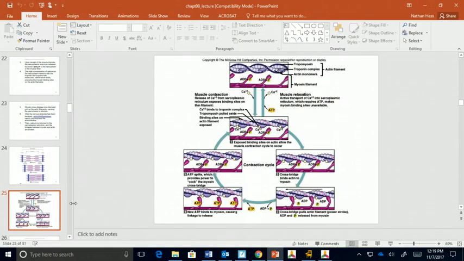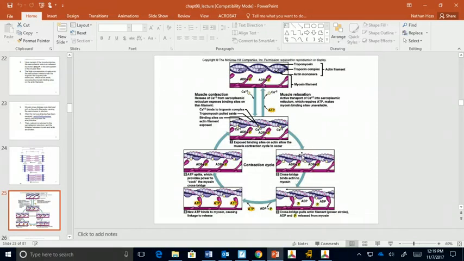Here's the picture that's in your textbook on page 194. When the calcium comes and exposes those binding sites, these cross bridges reach up and grab that. Okay, there's a bond that happens between those cross bridge ends on the myosin and the actin pieces up on the top.